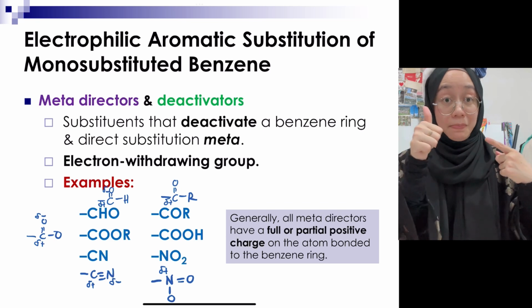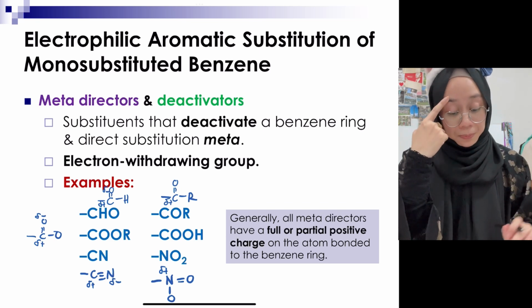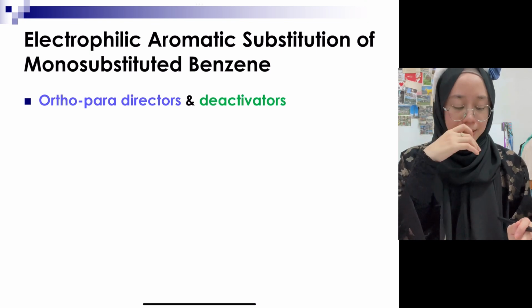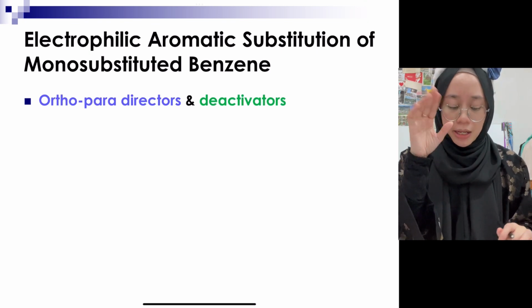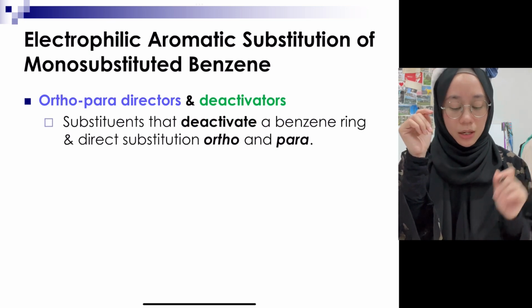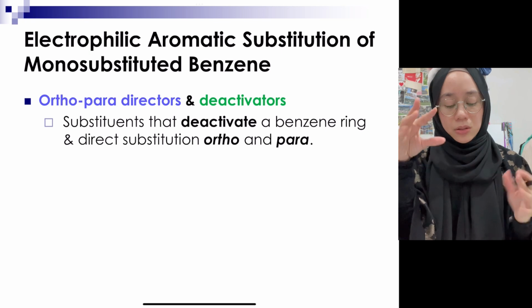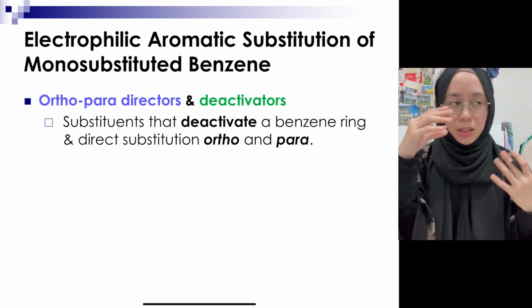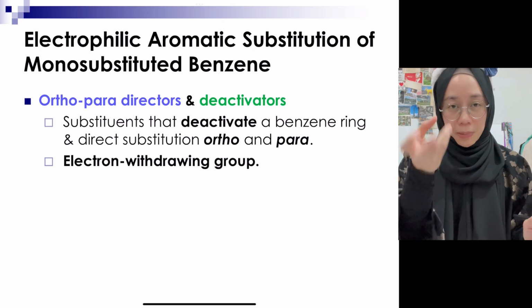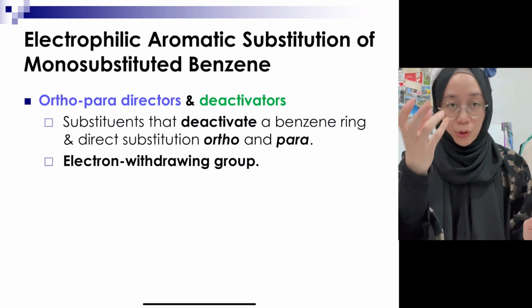Okay, and then last kali kita tengok contoh ortho-para directors, but then dia adalah deactivators. Okay, jadi dia akan deactivatekan the benzene ring, but then the second substituent akan masuk dekat ortho and para. Okay, so bila kita cakap dia adalah deactivators meaning dia adalah electron withdrawing group. So apa contoh lain electron withdrawing group?